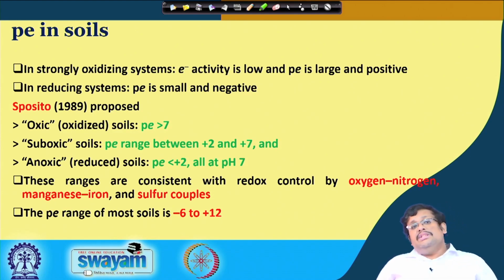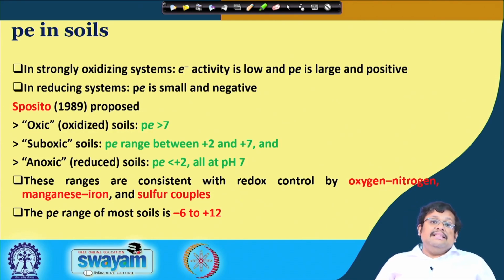According to Sposito in 1989, oxidized soils, known as oxic soils, have a characteristic PE value of greater than 7. In case of suboxic soils, the PE ranges between plus 2 to plus 7, and in case of anoxic or reduced soil, the PE is less than plus 2 at pH 7.